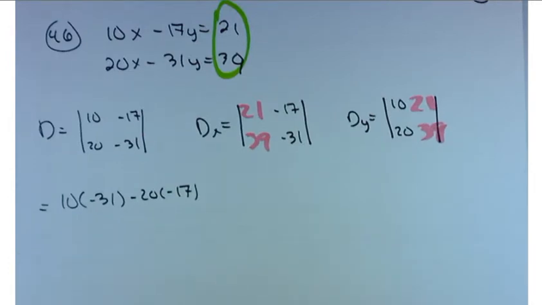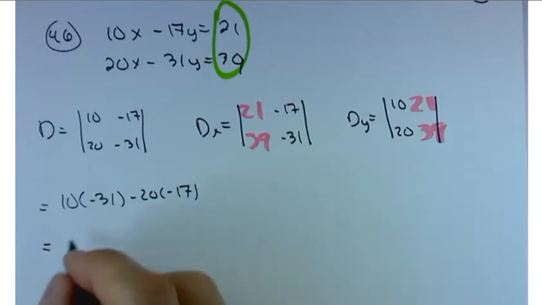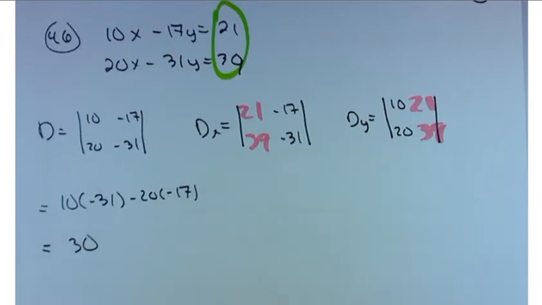So -310 plus 340. 30? Yes. Victoria, did you get 30? Say yes. All right, good deal.